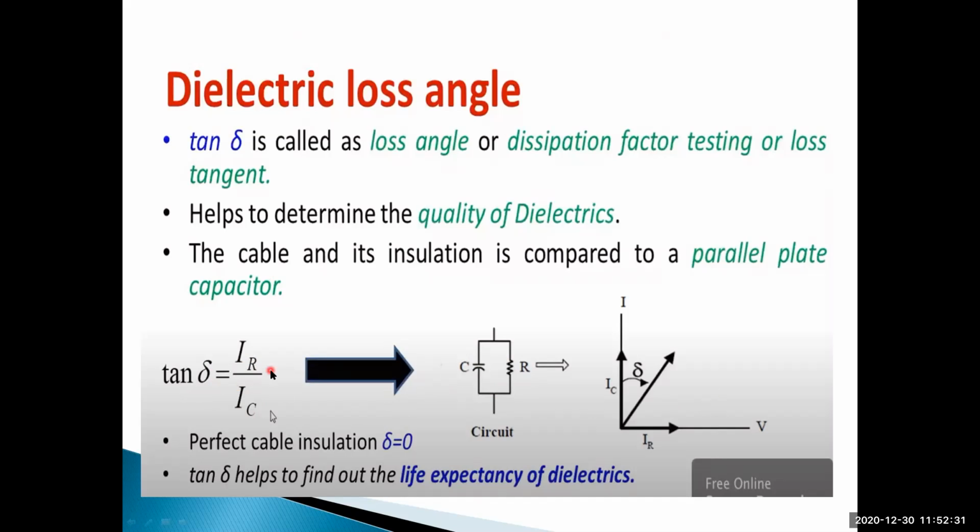It is based on the resistance of the cable, the equivalent series resistance, the current flowing into the resistive element, the insulation resistance, and the current flowing into the capacitor. The current flowing to the capacitor is nothing but the displacement current through the dielectric material.